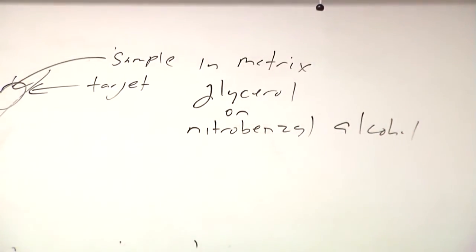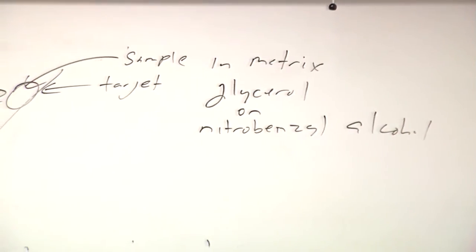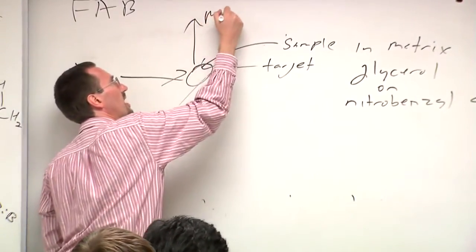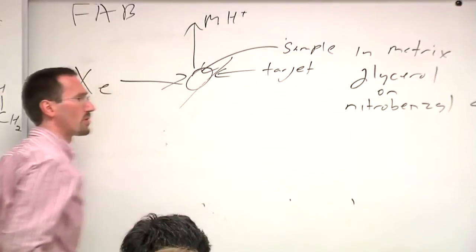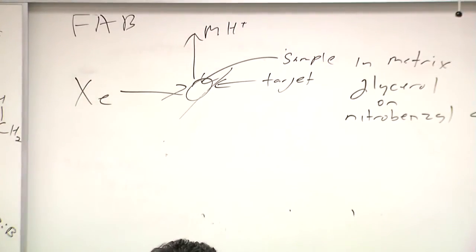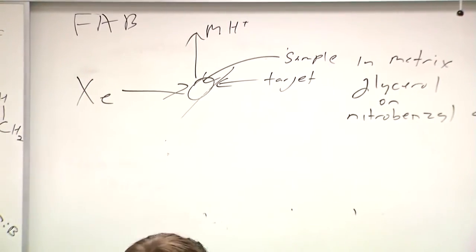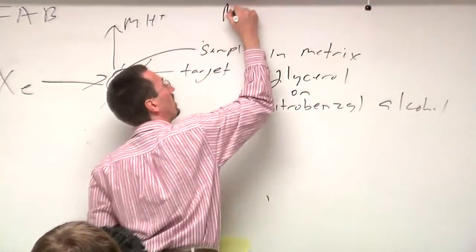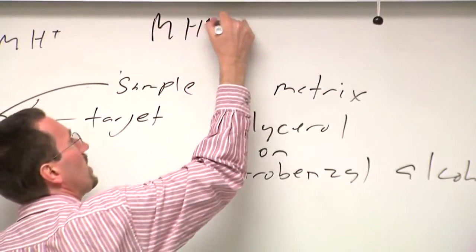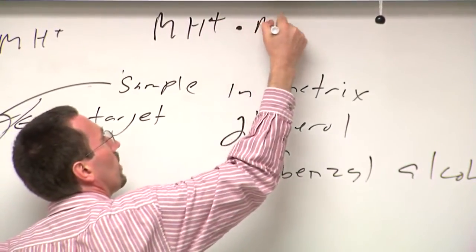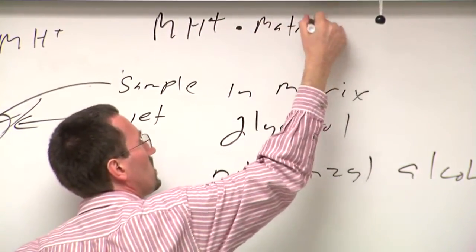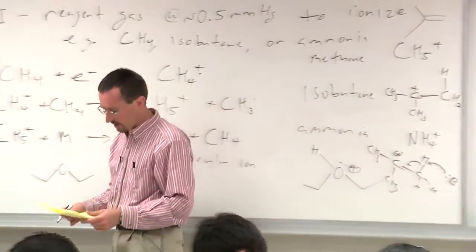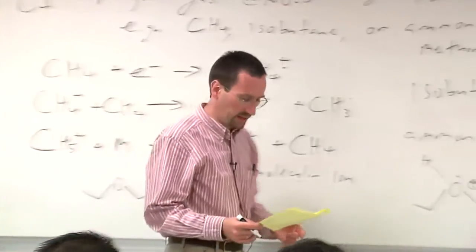When the atom fires into the molecule in the matrix, you sputter off molecules, some of which are protonated, so you'll see MH plus or MH plus matrix. In other words, sometimes you'll see a molecule of glycerin or nitrobenzyl alcohol complexed with your molecule.